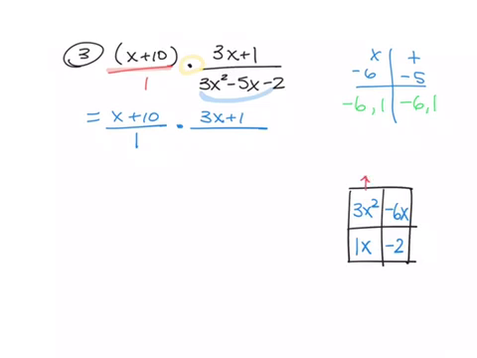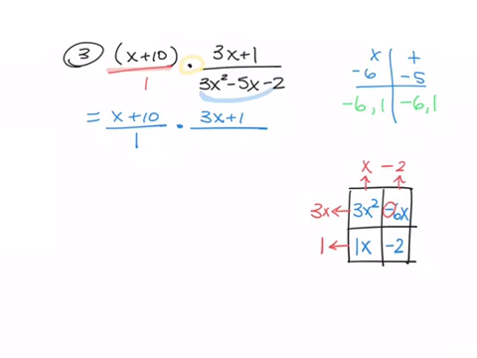In this first column, 3x squared and 1x have a common x. -6x and -2 have a common 2, and because of this, this becomes a negative. Now moving horizontally, 3x squared and -6x have a common 3x. And then here, 1x and -2. Remember, when it looks like they have nothing in common, there's always a common 1.